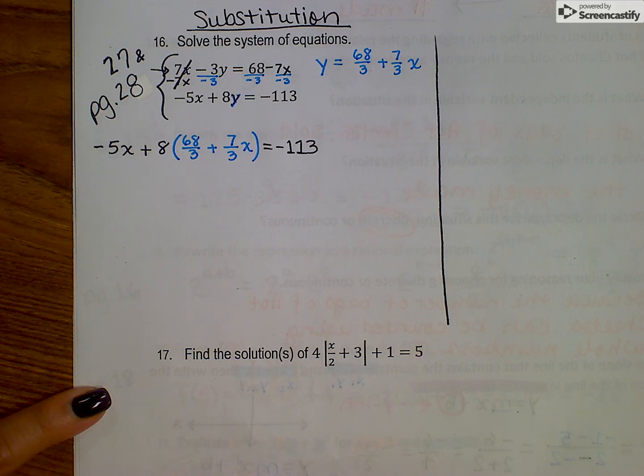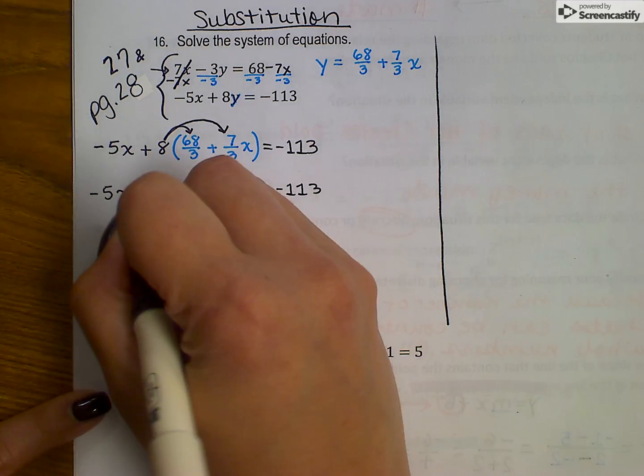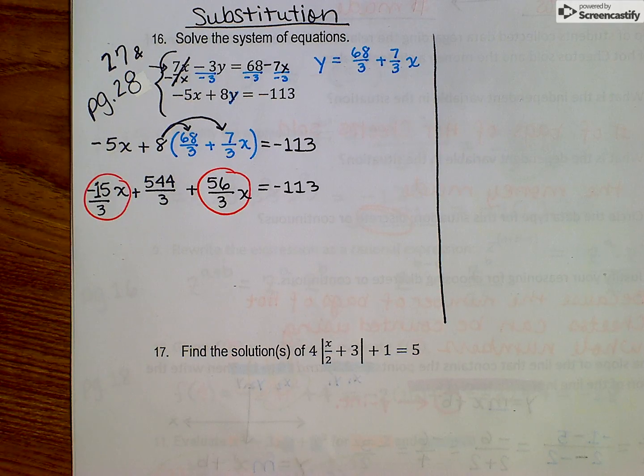and next step distribute, which gives me 544 over 3 plus 56 over 3x, and bring everything down. As a matter of fact, I know that I'm going to have to combine like terms next. So I'm just going to go ahead and turn my negative 5 into negative 15 over 3x so that I can easily add these two numerators of 56 minus 15 up, giving me 41 over 3x, and bring everything down just like so.